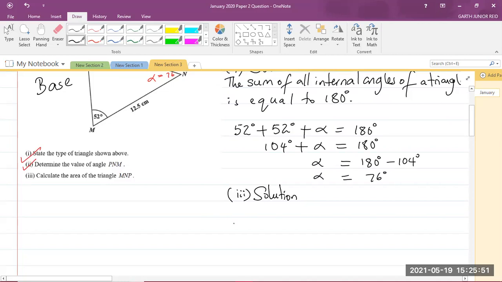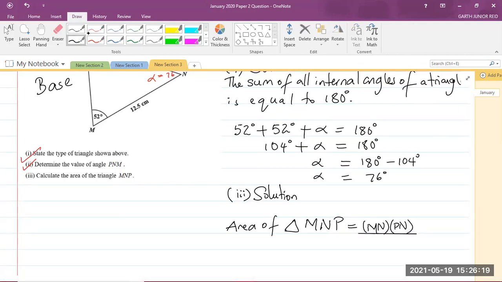I'm going to say that the area of triangle MNP is going to be equal to the length of the side MN multiplied by the length of the side PN, divided by 2, multiplied by the sine of alpha.